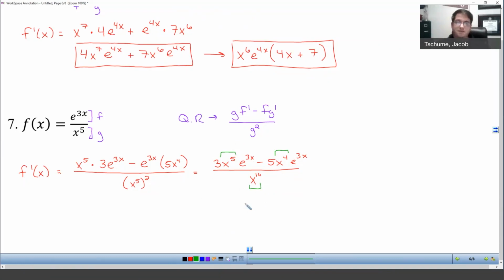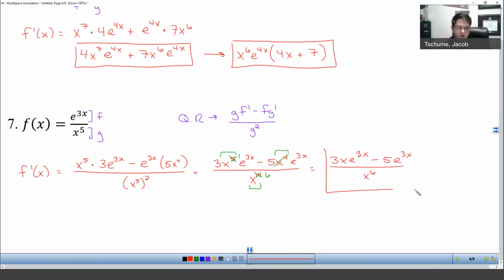So since it's being divided, we can divide out whichever one is the smallest. So this x to the fourth actually goes away. This fifth power, if you take away 4 of them, becomes a first, and this 10th would become a sixth power. If I write down what's left over, this would be 3x e to the 3x minus 5e to the 3x all over x to the sixth.